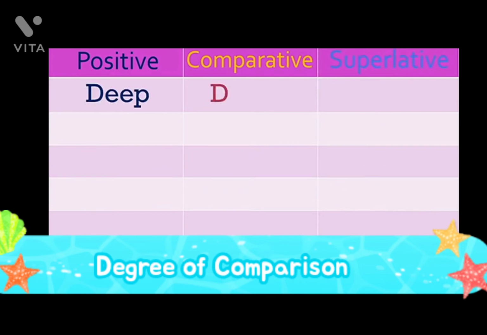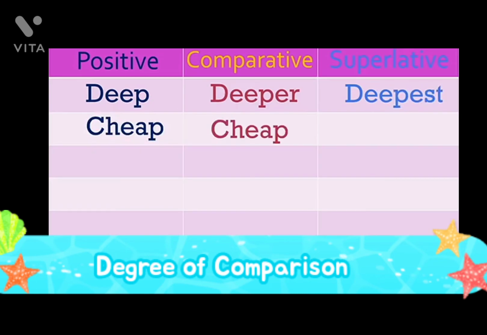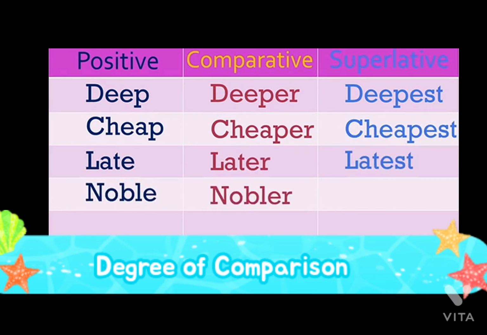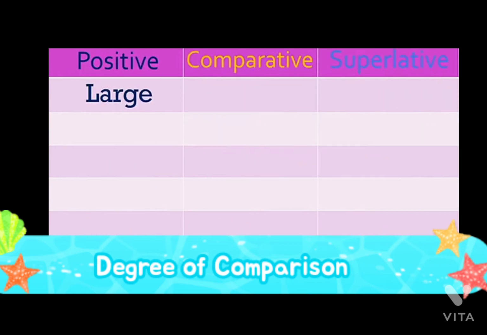Now next is deep, deeper, deepest; cheap, cheaper, cheapest; late, later, latest; noble, nobler, noblest; fine, finer, finest. Now next, positive degree is large, comparative is larger, superlative is largest.